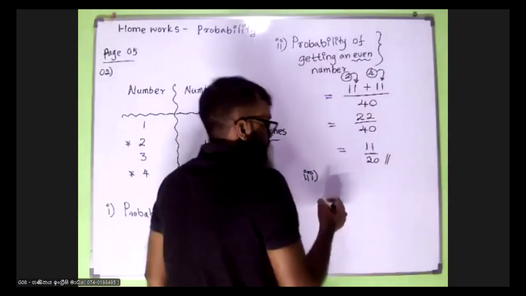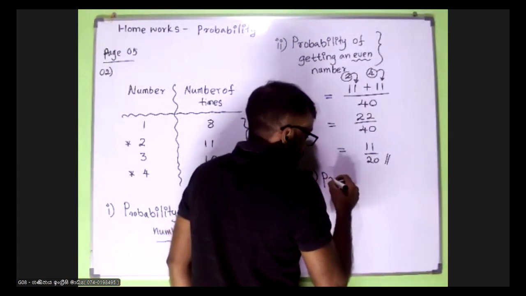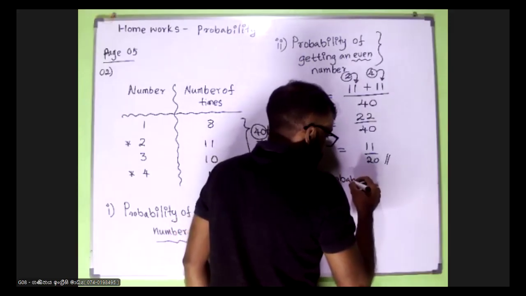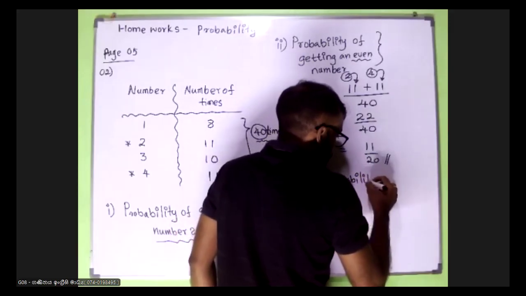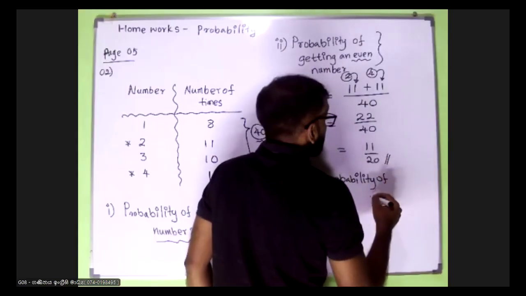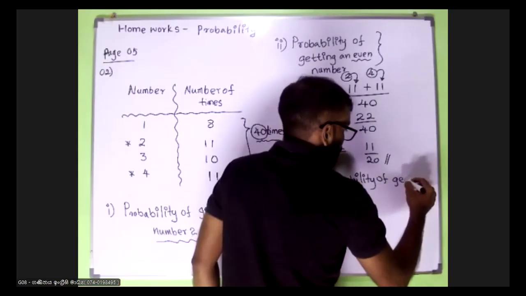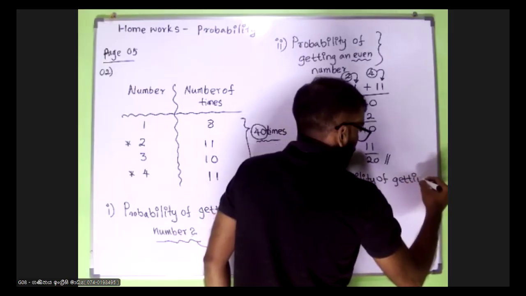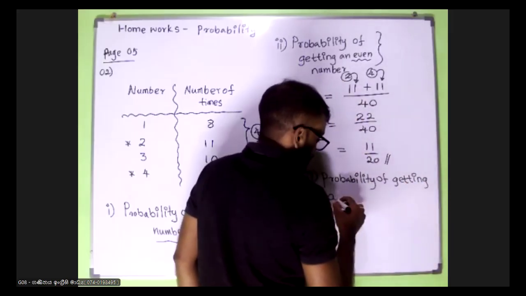Probability of getting a prime number. So this is similar to the even number question.